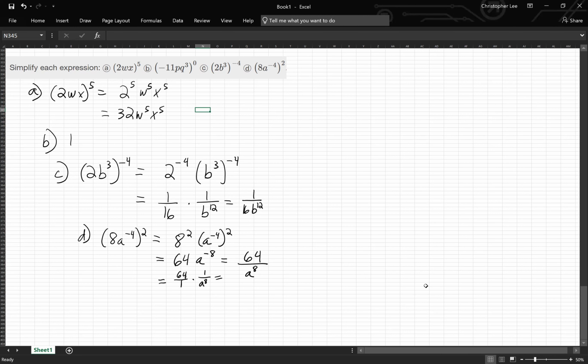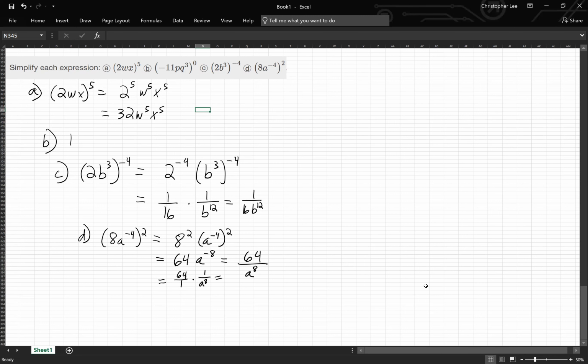All right, so let's take a look at this now. We will look at an example that will lead us to the quotient to a power property. Let's say I have x over y raised to the third power. I know y'all probably saw this on your homework. We know that this means x over y times x over y times x over y, which is simply put x times x times x over y times y times y, or x to the third over y to the third.